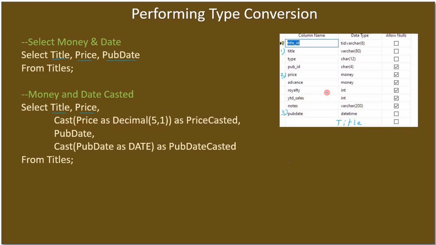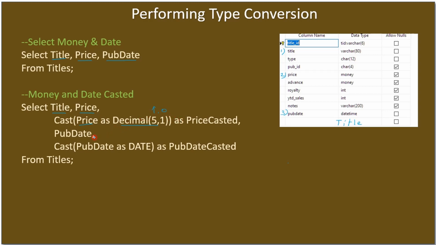So the data type here is money, and we are using the cast function. Then we specify price as decimal 5,1, in the sense of 5,1 precision.